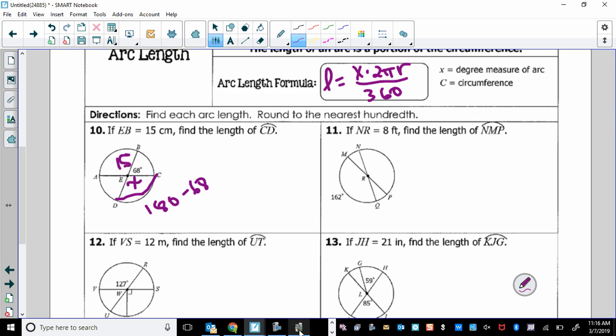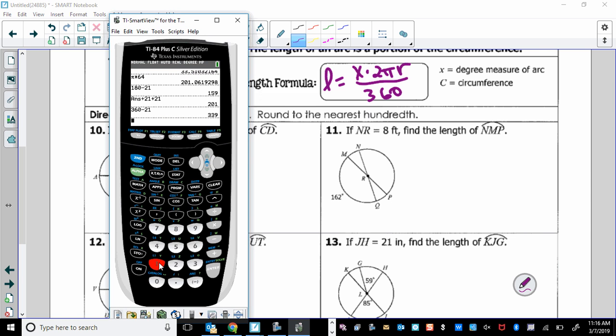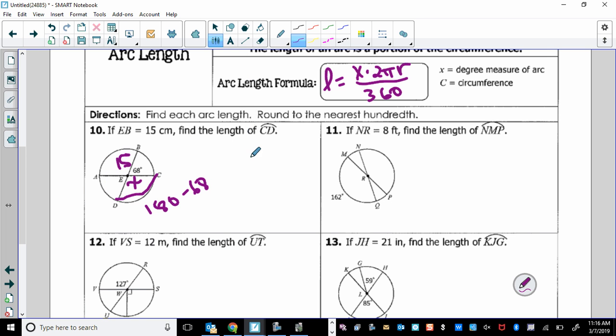So when you do 180 minus 68, you get 112, right? So that's the degree measure. So I have 112.